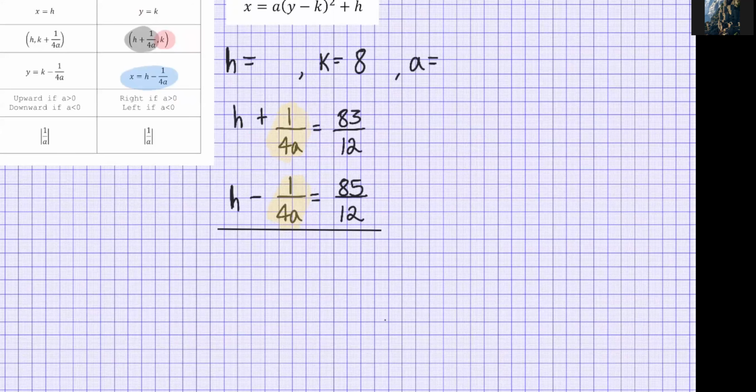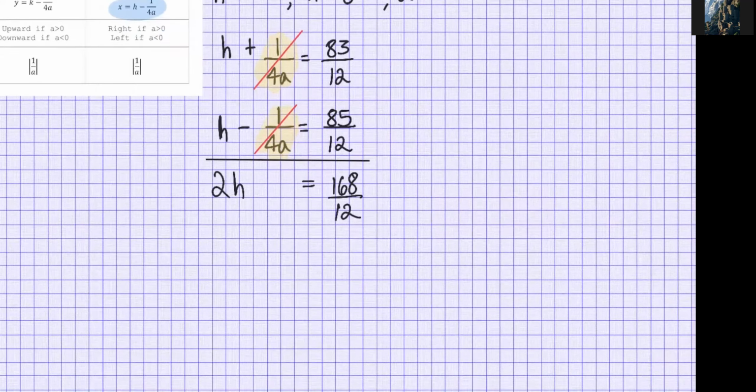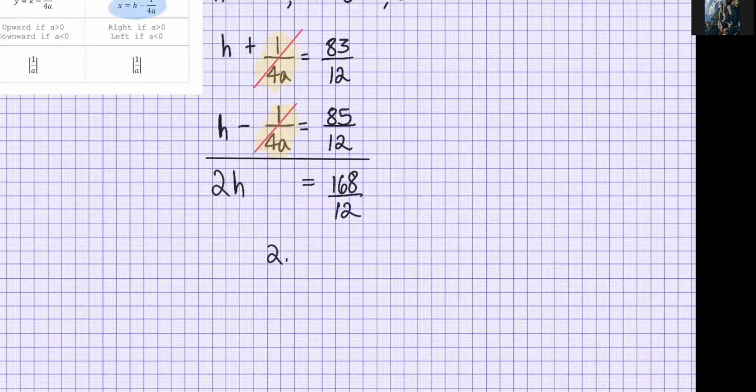H plus h will be 2h. 1 over 4a minus the same number will get canceled. And we have that this equals 83 plus 85 will be 168 divided by 12. We put these numbers in the calculator and we have that 2 times h will be 14.